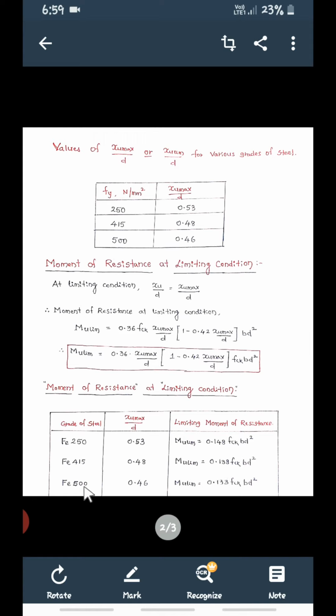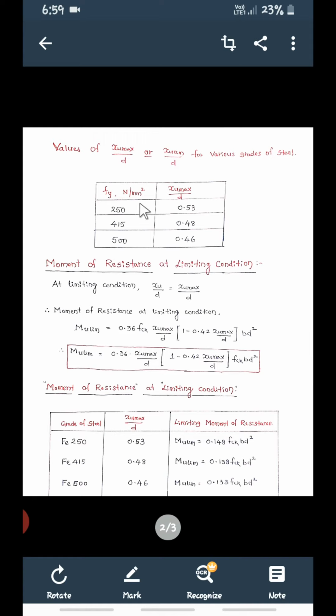Similarly for 500 grade steel, substitute 0.46 here, and Mu limit is equal to 0.133 fck bd square. This table is very important, you have to remember this table and this table. For 3 grades of steel, what will be the maximum depth of neutral axis, that is Xu max upon d or Xu limit upon d, and similarly what will be the limiting moment of resistance, that is Mu limit, for 3 different grades.